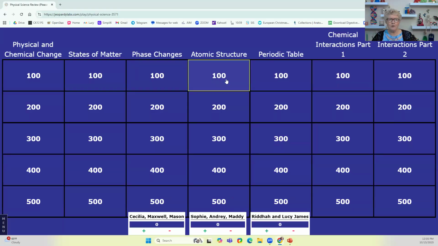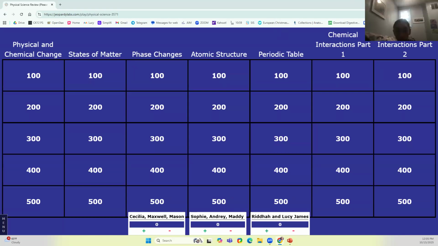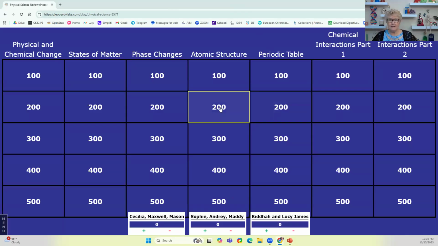Now, do you want a 100-point question, a 200-point, 300-point, 400-point, or 500-point? Generally, they get harder as you go down. Not always. I did my best, but a question is only hard if you don't know the answer to it. If you know the answer to all the questions on an exam, that exam's easy. How about 200? All right. At the end of the game, whoever has the highest point value is the winner, and that's the team who gets the extra credit. So atomic structure for 200, Cecilia?